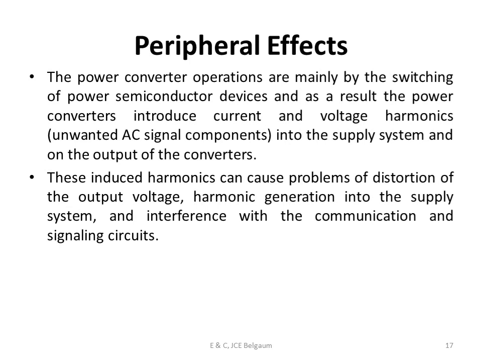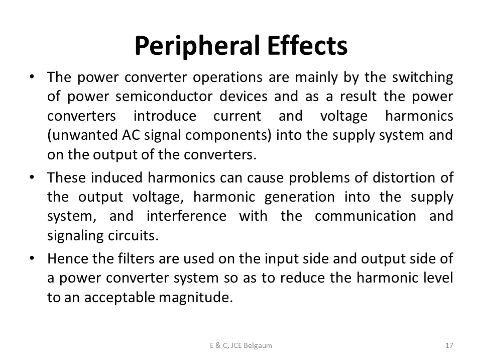When they move from on state to off state, these harmonics are generated, which has three effects: at the supply, at the output, and also interference with the communication and signaling circuits if they are closely located. Hence, the filters are used at the input side and output side of the power converter system so as to reduce the harmonic level to an acceptable magnitude.